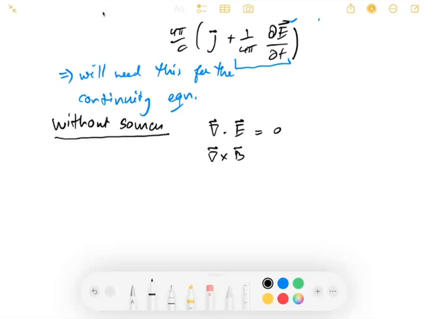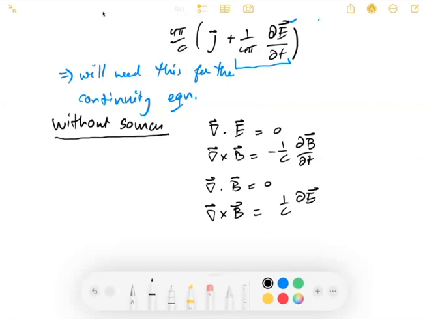And then this one is just minus 1 over c dB/dt, and this is the 0, and then this one is just 1 over c dE/dt. And then I'll fix this, of course.